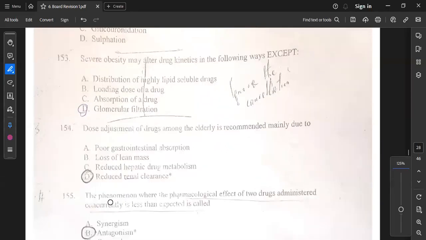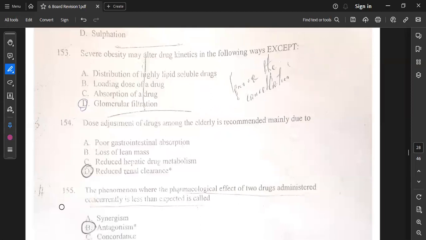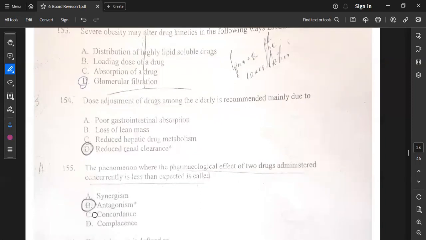The phenomenon where the pharmacological effect of two drugs administered concurrently is less than expected is called. Have we answered this before?